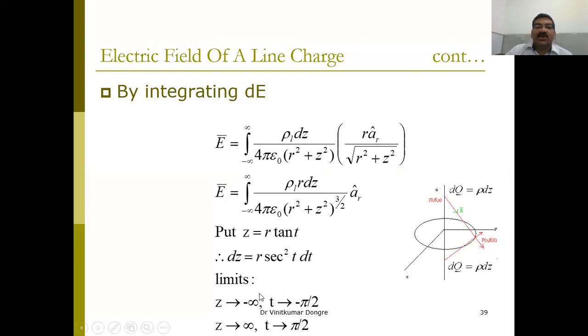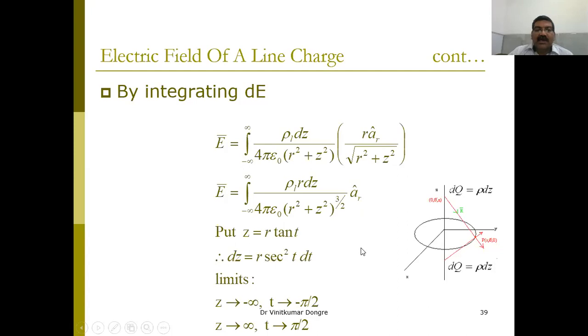So for t, you put the limit here. For z equals minus infinity, tan t equals minus infinity, so t equals minus pi by 2. So the limits change: t equals minus pi by 2 to pi by 2. This way, simply putting the value of z, you can calculate the value of t.